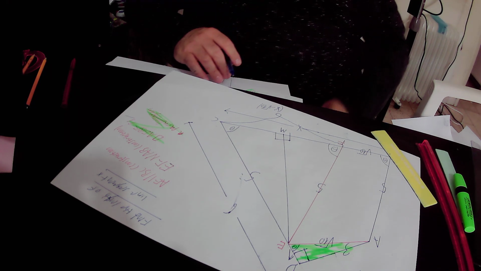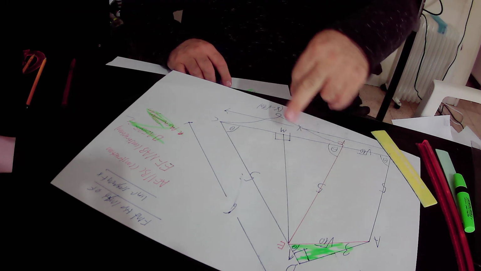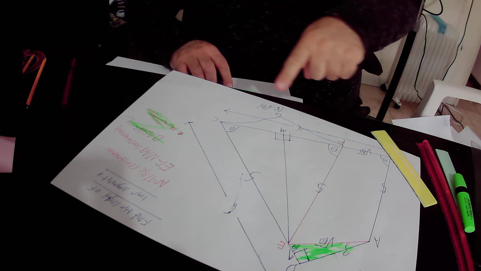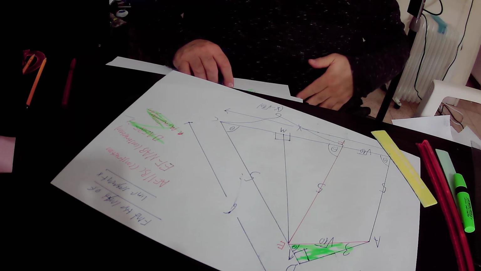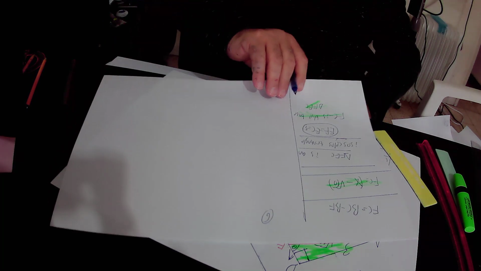So what is line segment EM? Line segment EM is the height to the base FC in the isosceles triangle FEC. I will write it down.